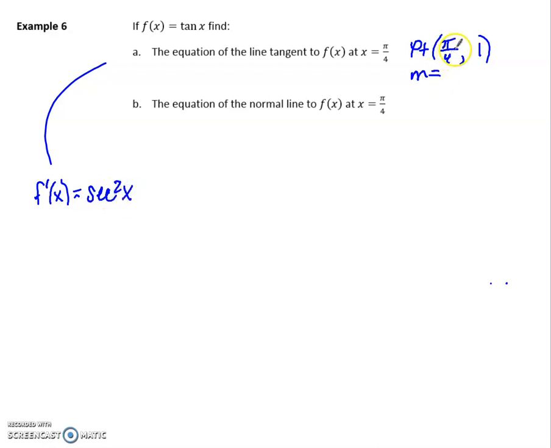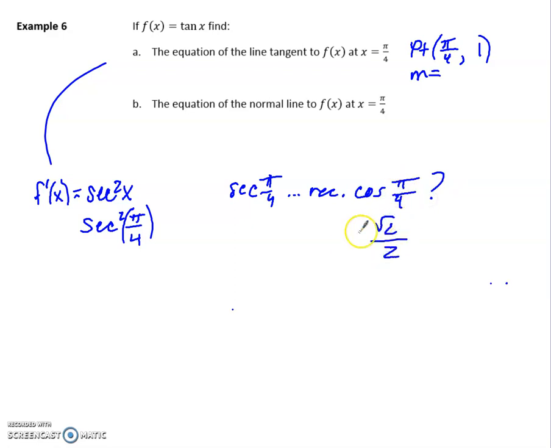And if I want the slope at pi over 4, I'm going to need to plug in pi over 4. Now, for some of you, it's been a bit since you've done some of these, and you need to know them. Secant at pi over 4 is the same as the reciprocal of cos at pi over 4, right? Cos at pi over 4 is root 2 over 2, and the reciprocal of root 2 over 2 is just root 2.